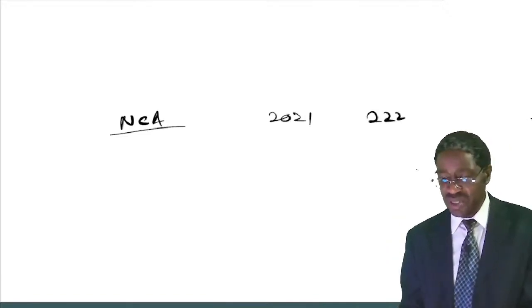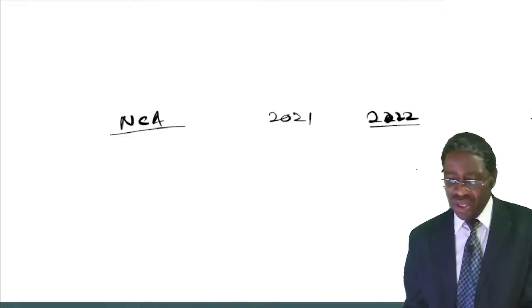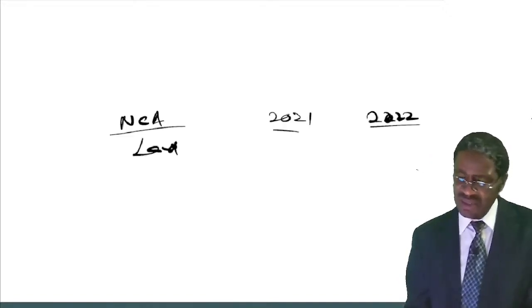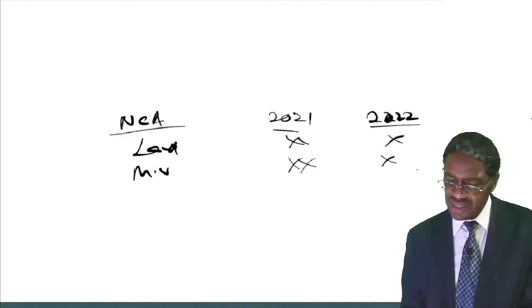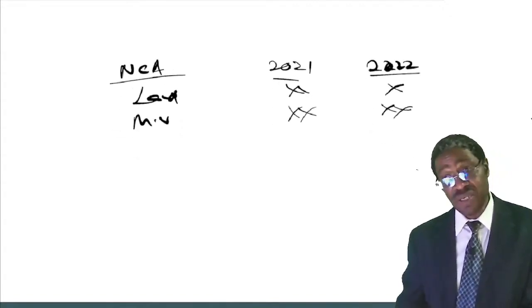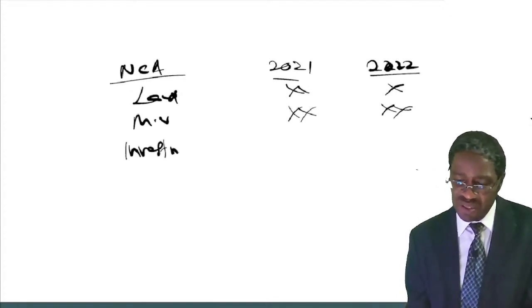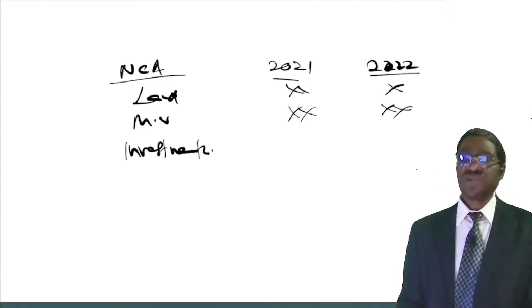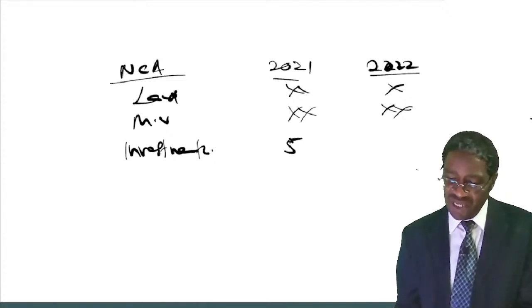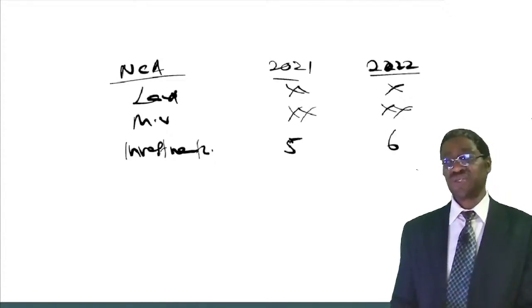One for this year, 2022. Among the fixed assets you have land, motor vehicle, and so on. Now within those fixed assets, maybe you also have investments. One figure last year, 5 million. Another one this year, 6 million.